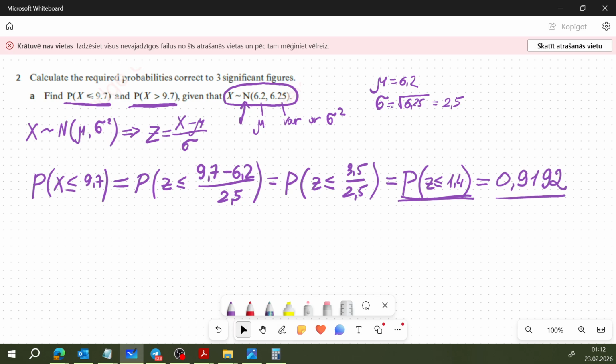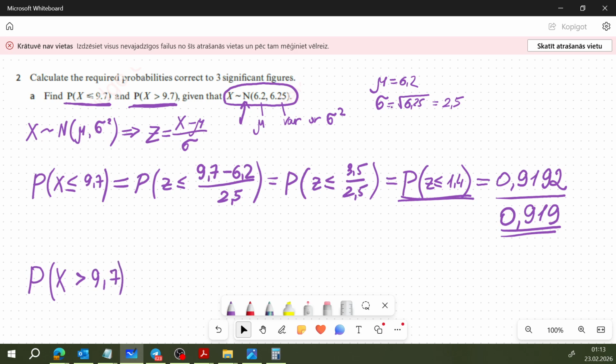And this is the answer, but remember we had 3 significant figures. So if we have 3 significant figures, then here we have 4, we can cut it down. So our answer will be 0.919.